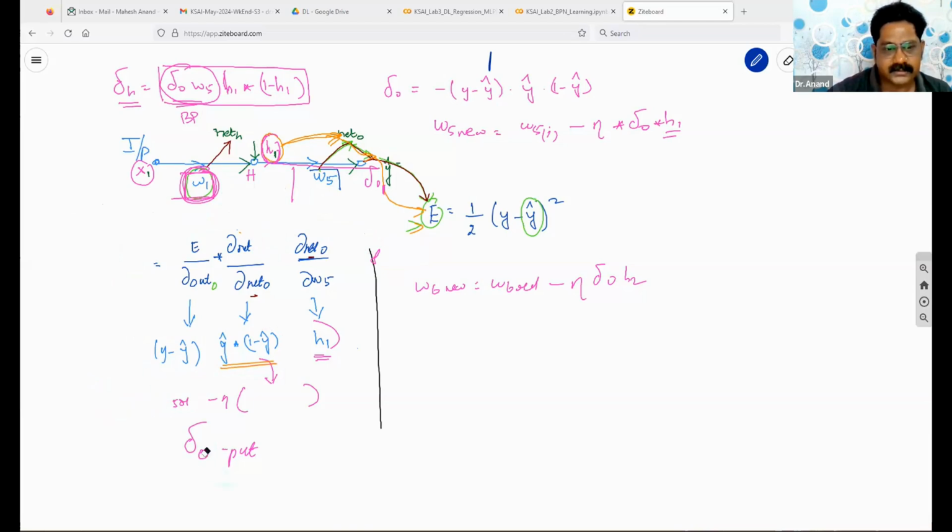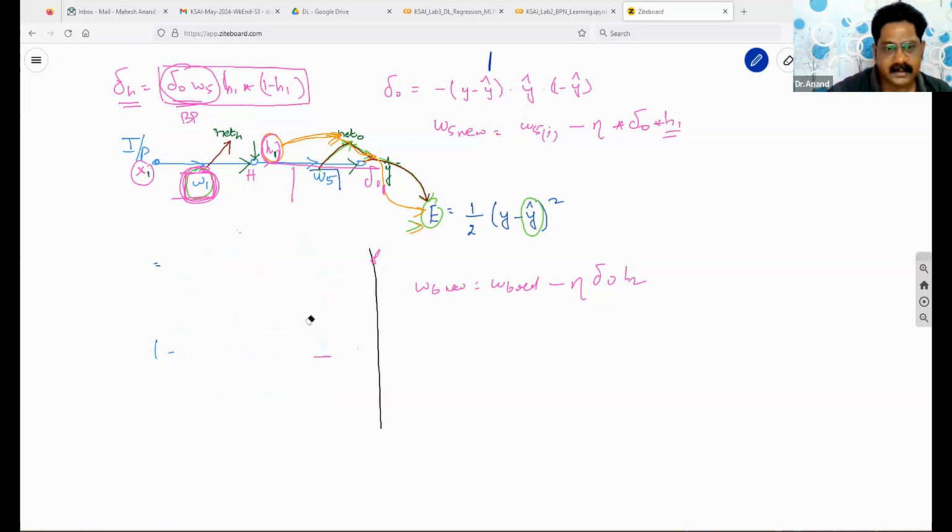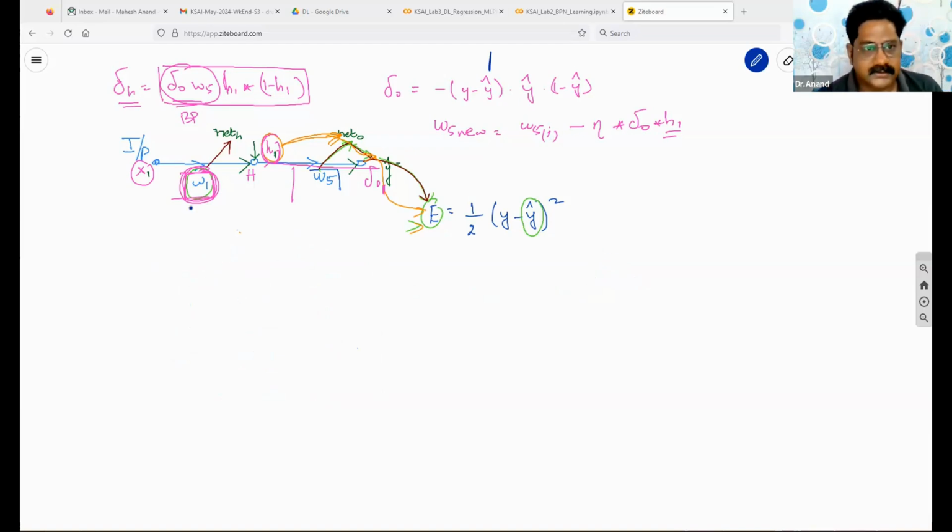Okay, let me erase this portion. Now, according to our architecture in the hidden layer, we have two neurons, right? So we have got two neurons. So let us complete the remaining portion of the architecture with a different color. So the second input, this is X2.